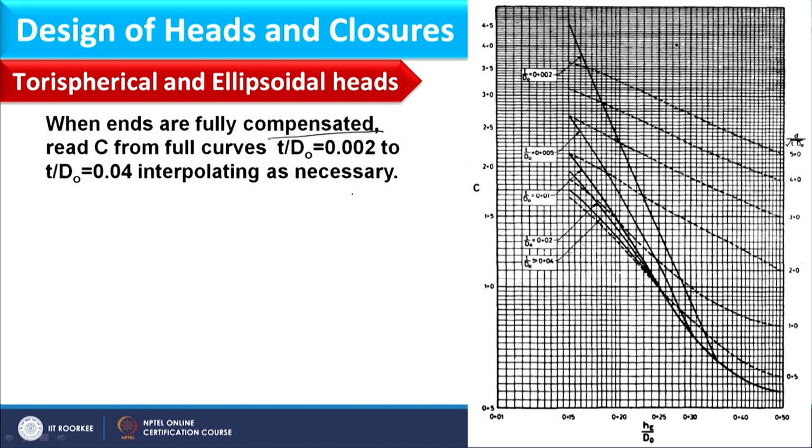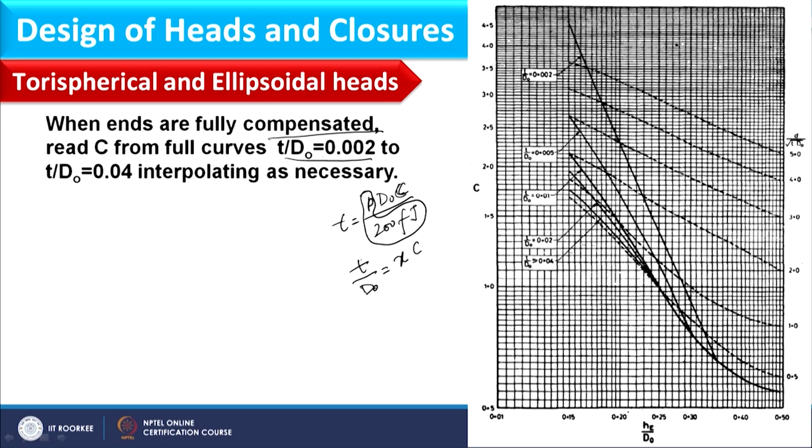So, how you need to compute this? If you see the expression, T is equal to P D naught C by 200 Fj. Now, here you need to find C. So, how I will further consider is T by D naught, because if it is fully compensated, we need to see the value of T by D naught. So, T by D naught I will extract, and if you consider this expression, this whole expression will be a constant. Let us say that value is x into C.